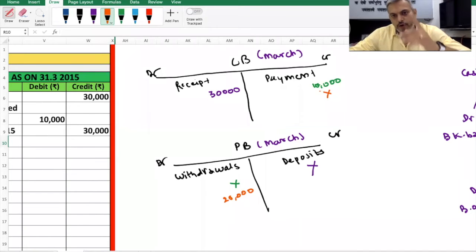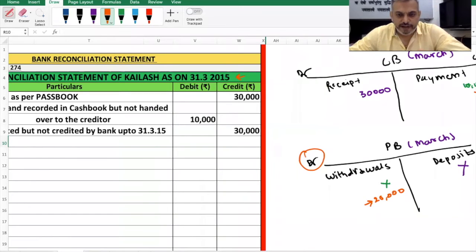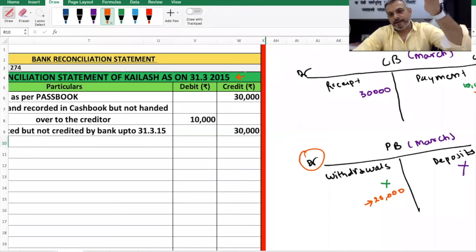Now you should know when bank has paid, bank will debit. That's why it has come over here, but we have not yet credited for the month of March. You can see the heading, it is 31/3/2015. So up to 31st March 2015, we are making this BRS. Now it was recorded maybe in cash book in the month of April, but as of our date of BRS, it is not recorded in cash book.